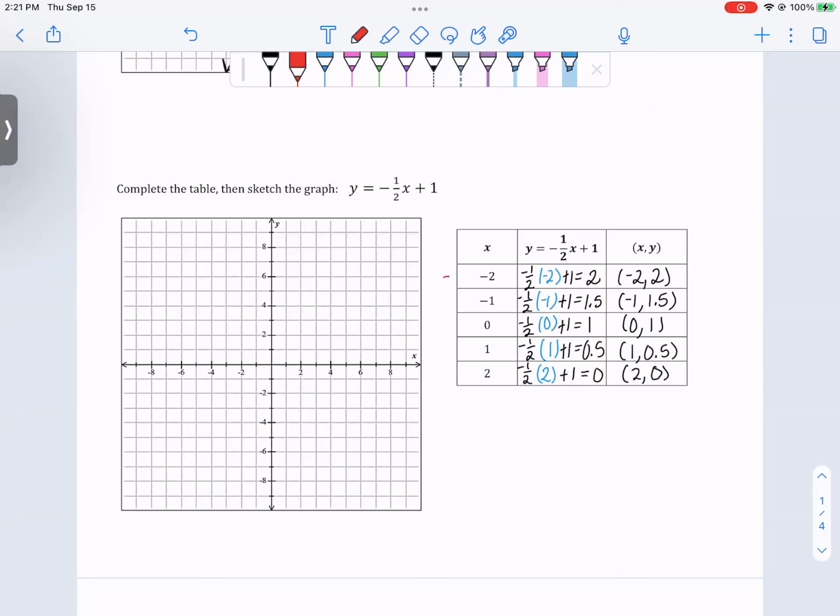So x goes up by 1, and the y value goes down by 1/2. That means that our slope is -1/2 because each time x increases by 1, y goes down by 1/2.